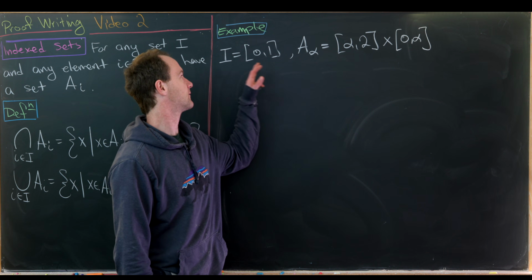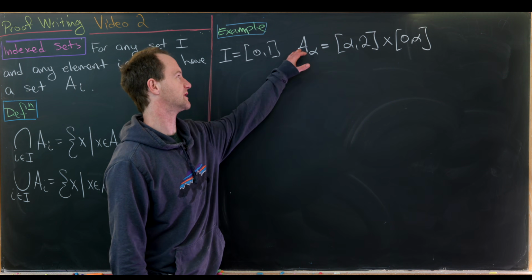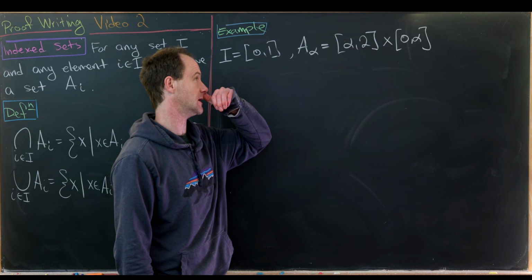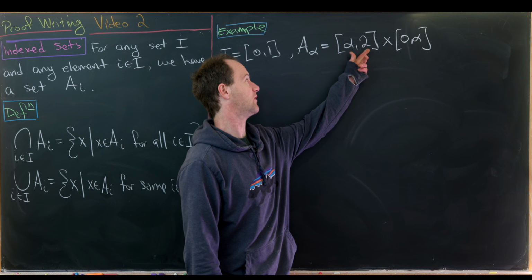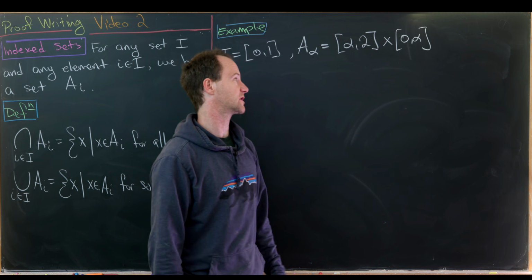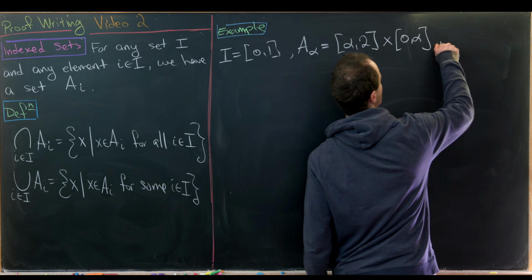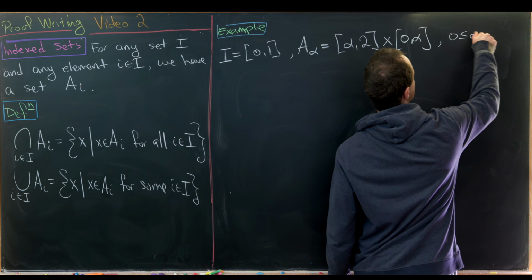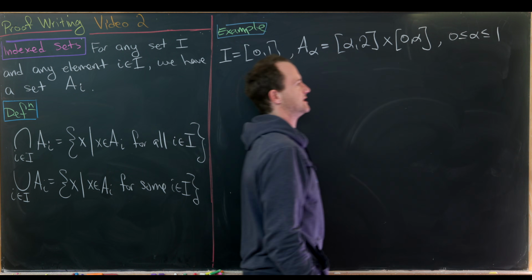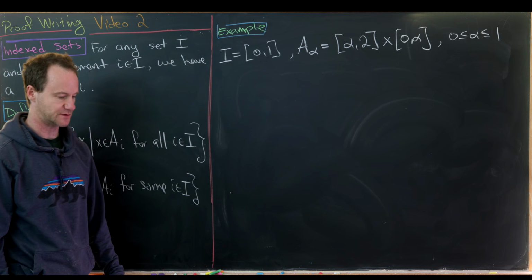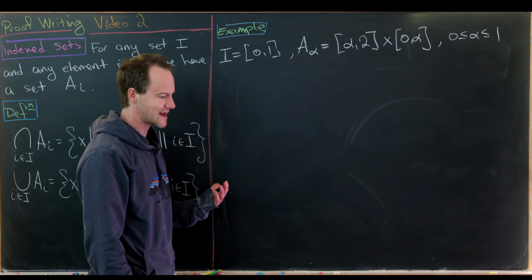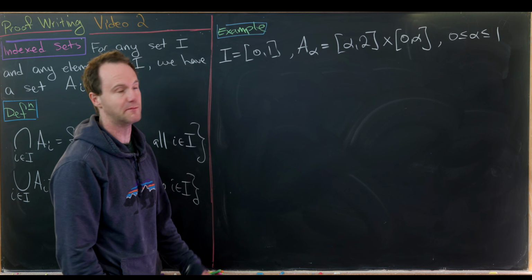Okay, so for some real number alpha between 0 and 1, we'll define A sub alpha to be the rectangle alpha comma 2 cross product with 0 comma alpha. And so like I said, this is going to be all real numbers between 0 and 1. Those are our possible values of alpha. Okay, so let's write down a couple of these sets and then we'll make some pictures.